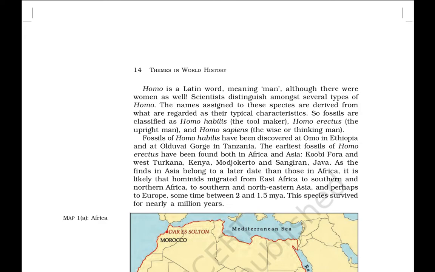As the finds in Asia belong to a later date than those in Africa, it is likely that hominids migrated from East Africa to southern and northern Africa, to southern and northeastern Asia, and perhaps to Europe, sometime between 2 and 1.5 million years ago. This species survived for nearly a million years.